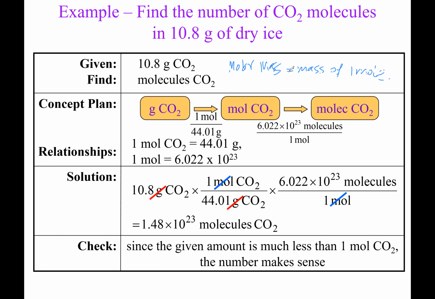Okay, 1 mole is Avogadro's number of particles. So 1 mole is a huge number. Avogadro's number is a huge number of molecules. So when you say 1 mole of CO2 is 44 grams, you're talking about the molar mass, or the mass for Avogadro's number of molecules of CO2.